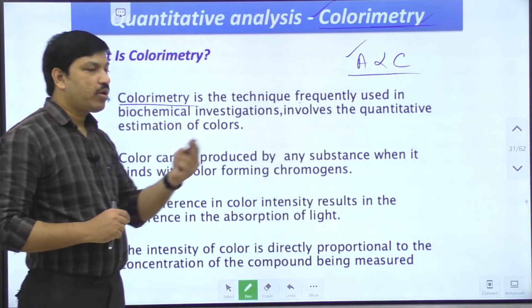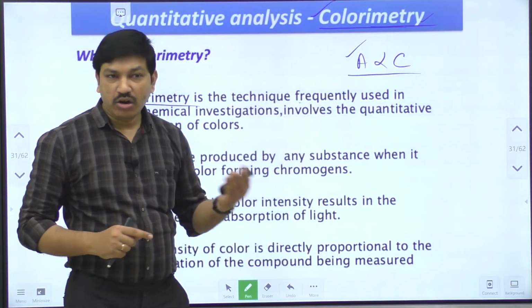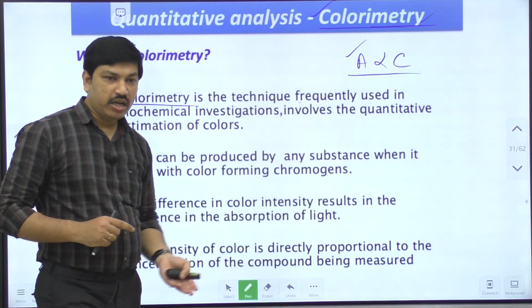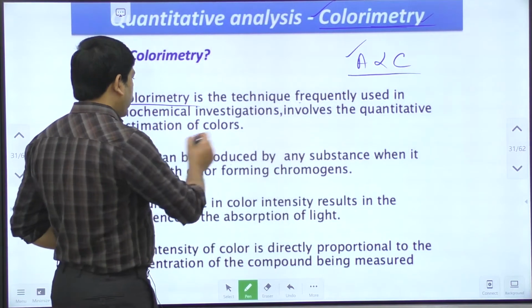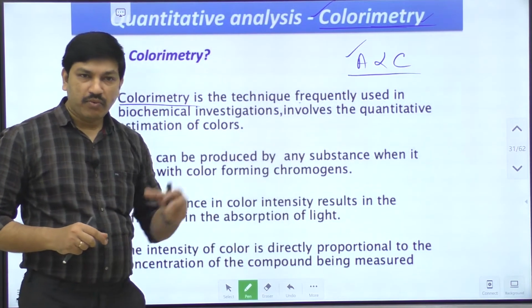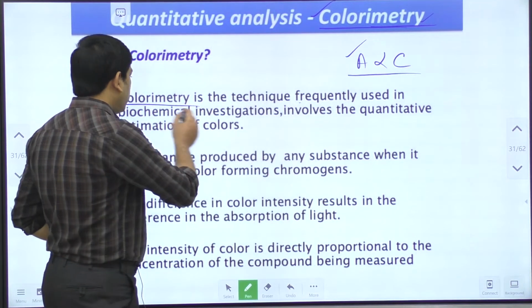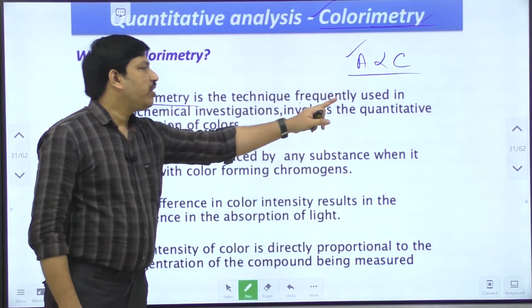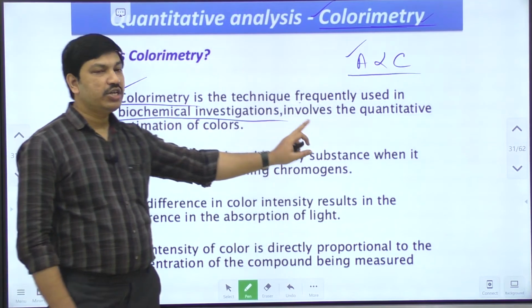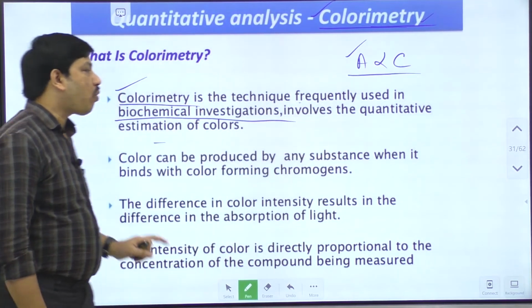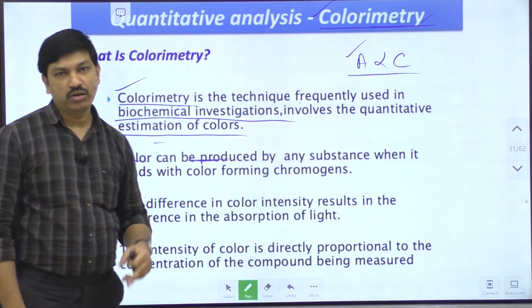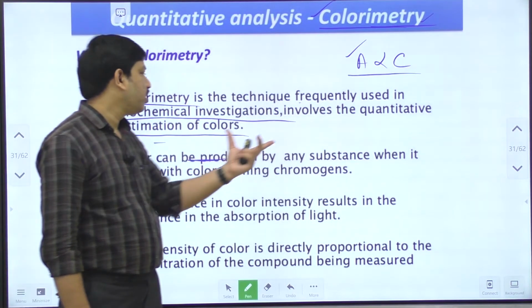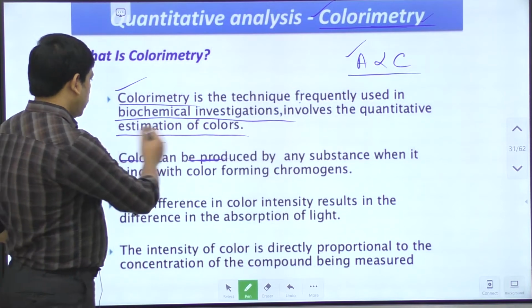They add coloring agents in order to make dyes and similar products. Whenever there is color in a particular compound, we need this technique. So colorimetry is a technique frequently used in biochemical investigations, which involves the quantitative estimation of color. So that is one thing.